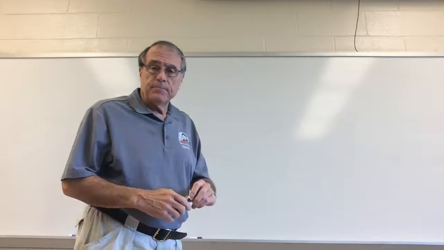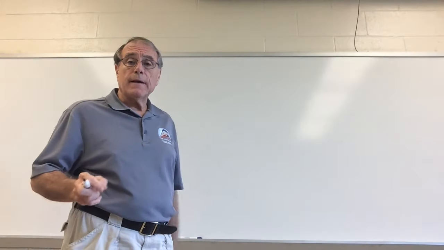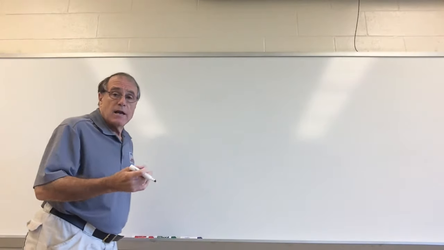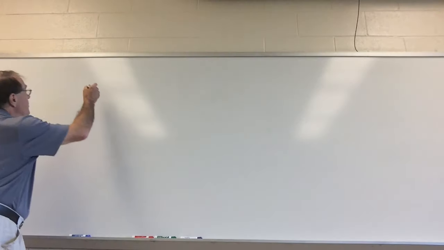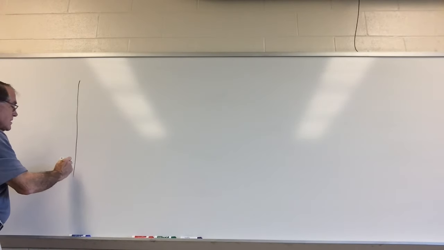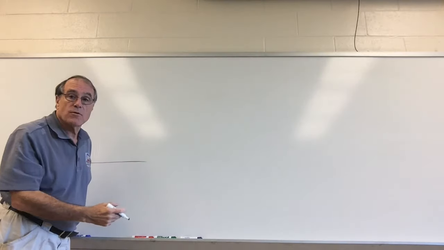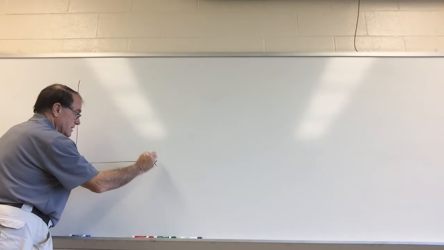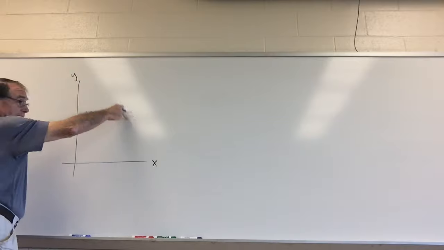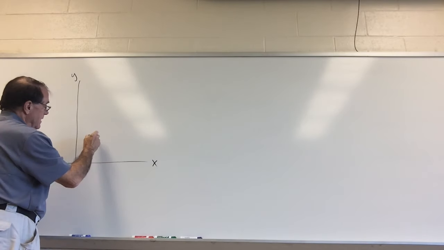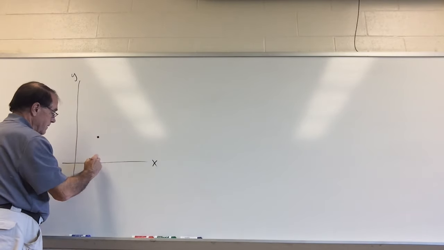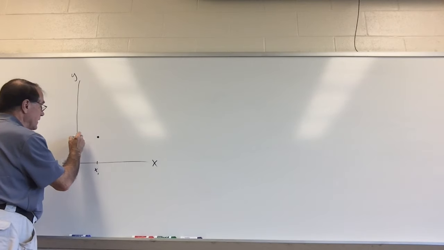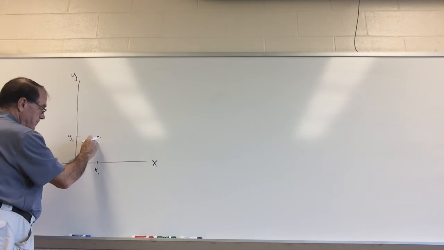So to begin, we want to pick 2 points, and for simplicity we will put those 2 points somewhere in the first quadrant in a coordinate system. And we have our x and y axes, and I'll take a point here. Let's call this x1, y1.